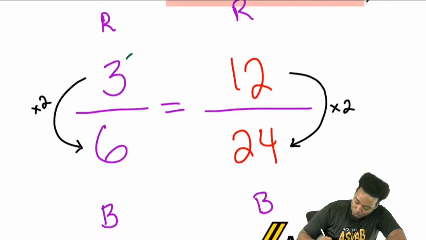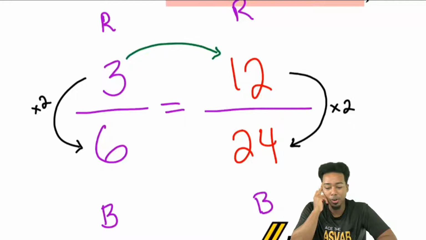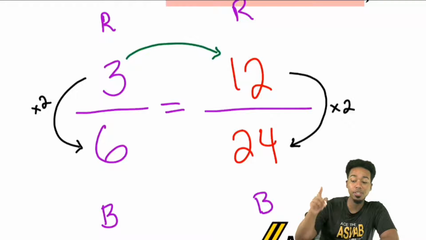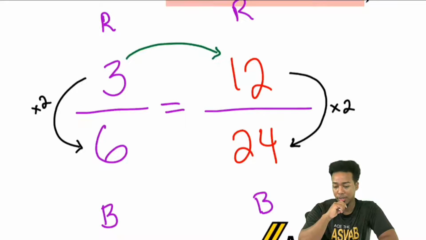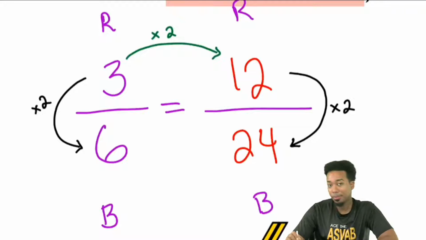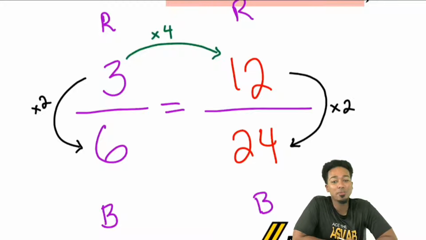How do I go from 3 to 12, everybody? Come on, give me the operation and give me the number. Not just the number. Give me the operation and the number, because I need to know that you know what direction we're going in. Yeah, multiply by 4. From 3 going to 12, that's times 4.